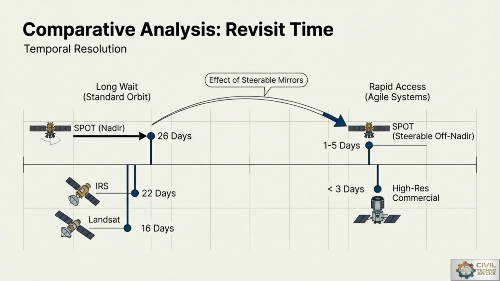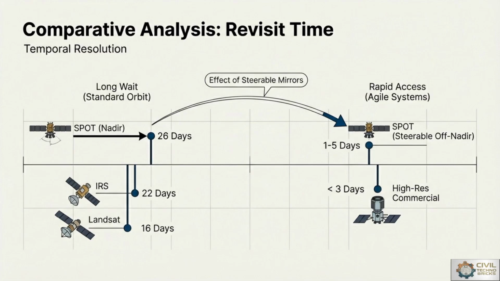In the comparative analysis of revisit time, from the temporal resolution point of view, we consider low-weight standard orbit, long-width standard orbit, and rapid access AGL systems. The effect of steerable mirrors is most important with reference to satellites. Revisit time refers to the interval between successive observations of the same location.